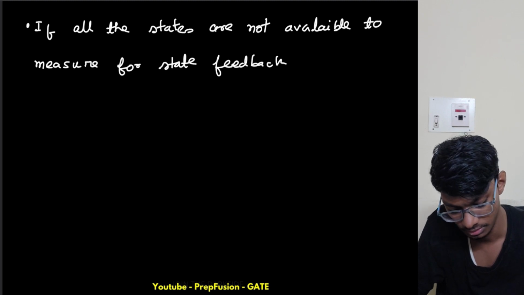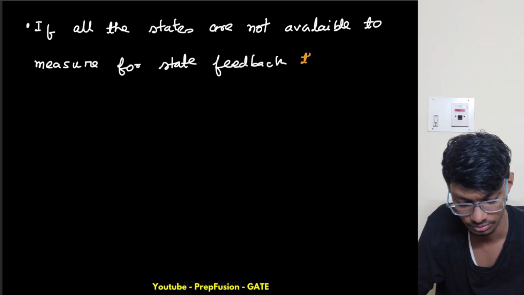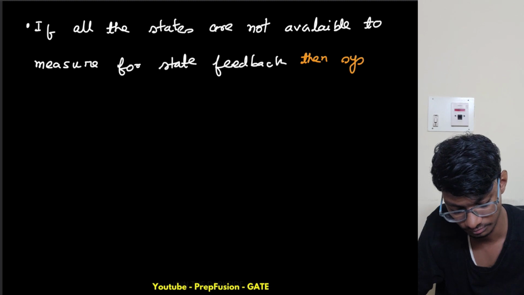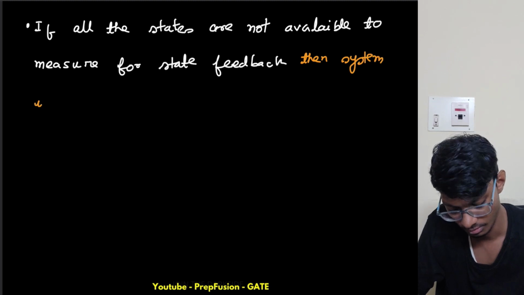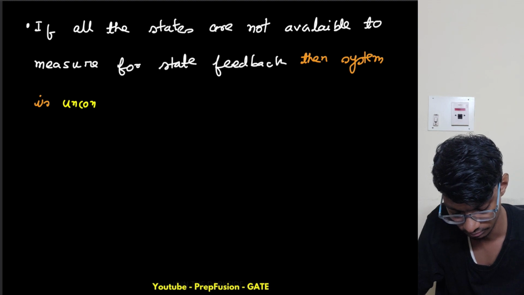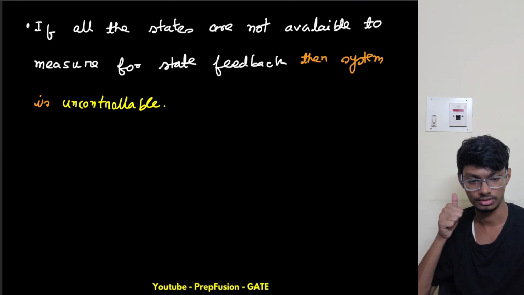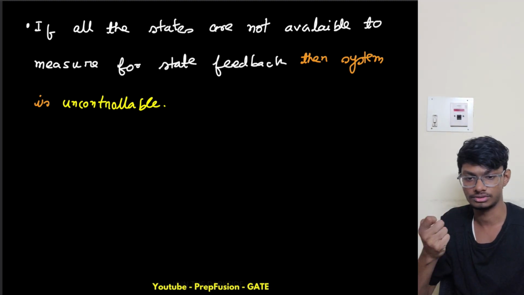Few of the entries will be 0, then the system is uncontrollable. So we won't be able to control the system.